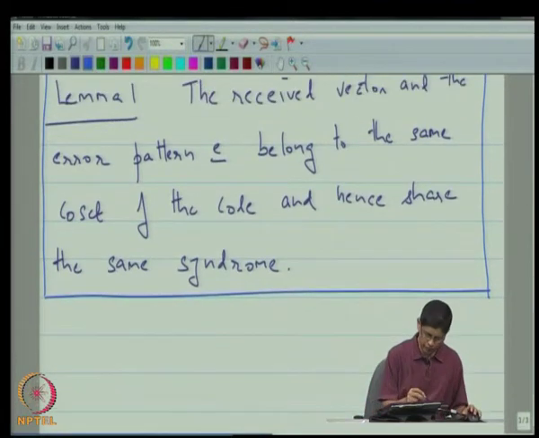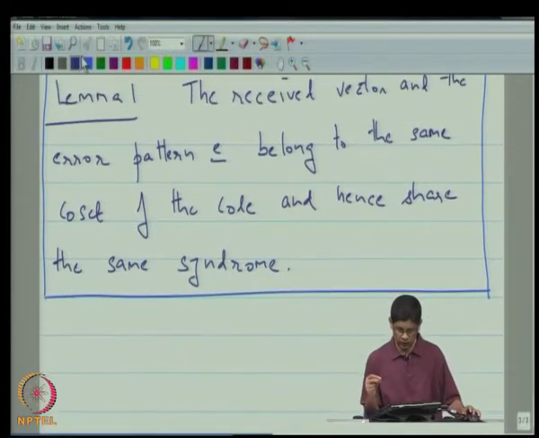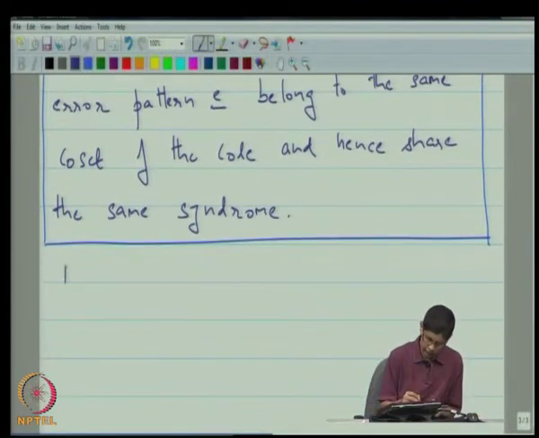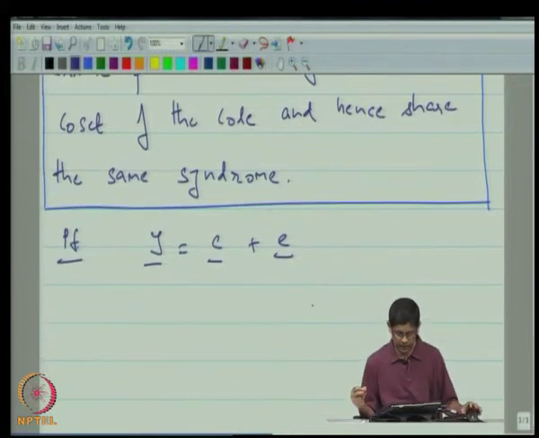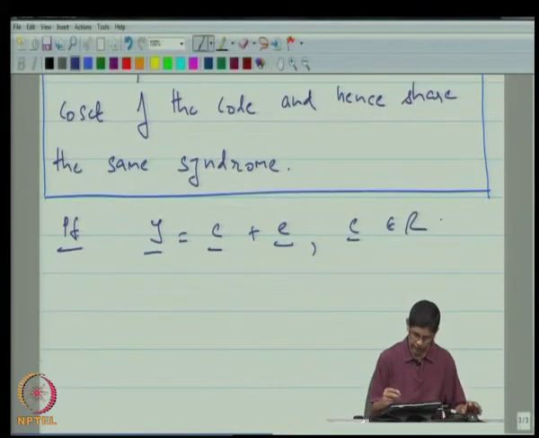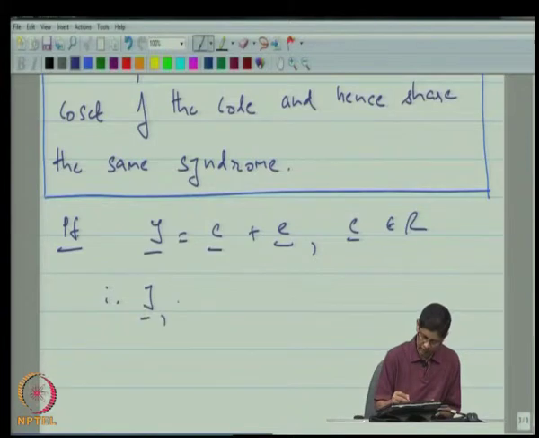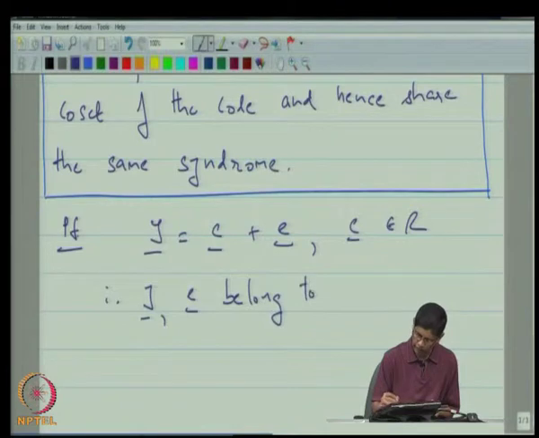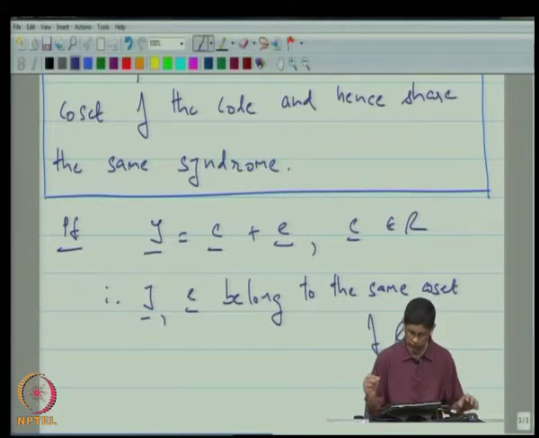And the proof is obvious, so I just thought it would be nice to draw attention to it. The proof is, because y is c plus e, it is clear that y and e belong to the same coset. Therefore y and e belong to the same coset of the code.